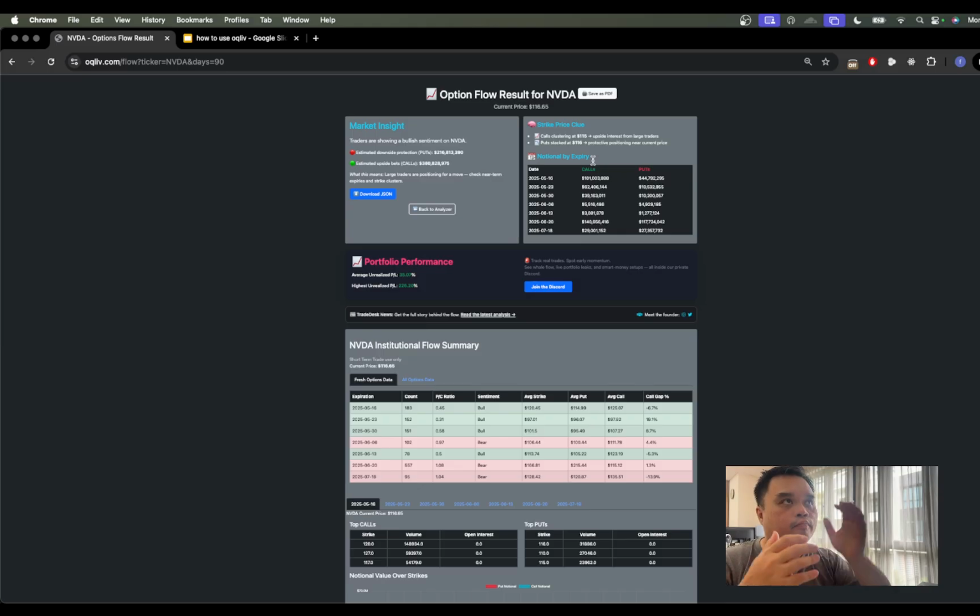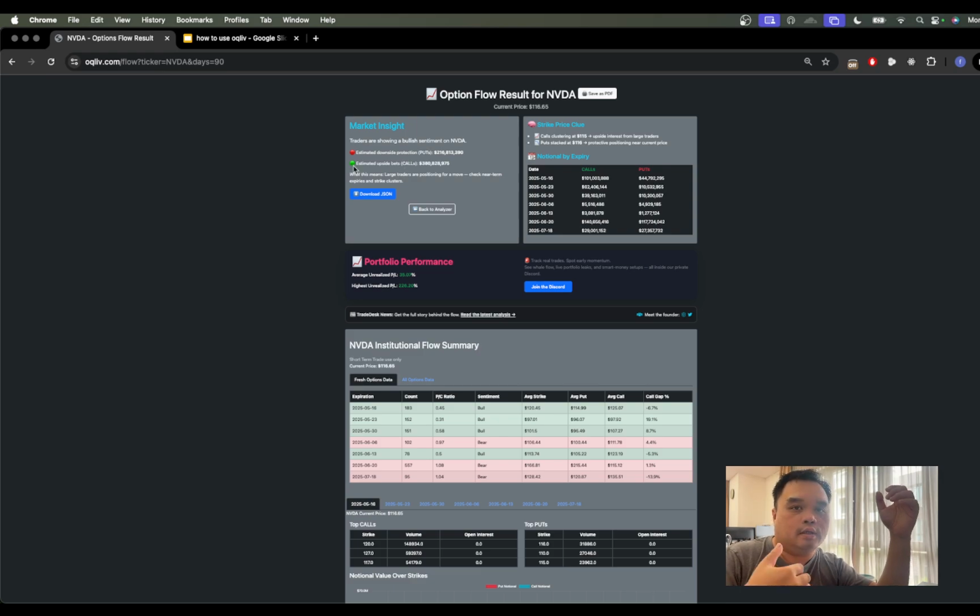Right. On this panel on the top over here, you will be able to see what kind of sentiment in general the stock is having right now. Estimated downside protections are puts, and we are looking at about $260 million worth of puts being traded right now.